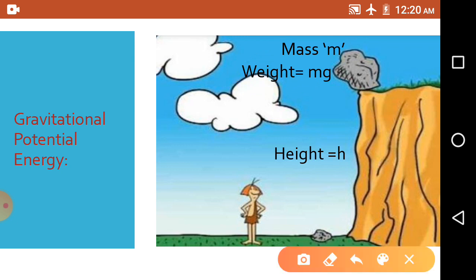So what is the value of g? Remember that g is the acceleration due to gravity, and this is equal to 10 meter per second square. It is already explained in previous chapters, in the chapter on force. Now see, the stone is at a height h, it has a mass m, and the weight is mg.